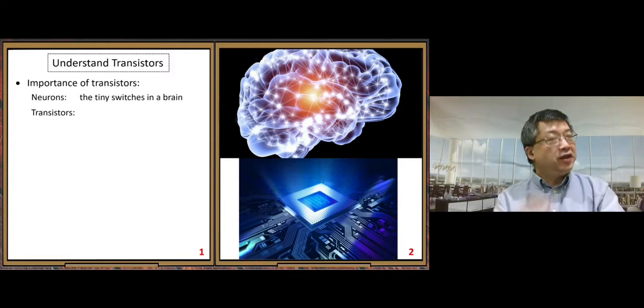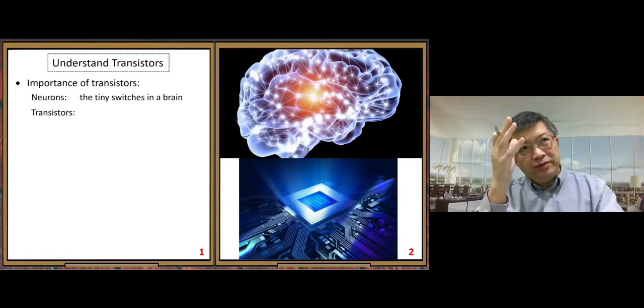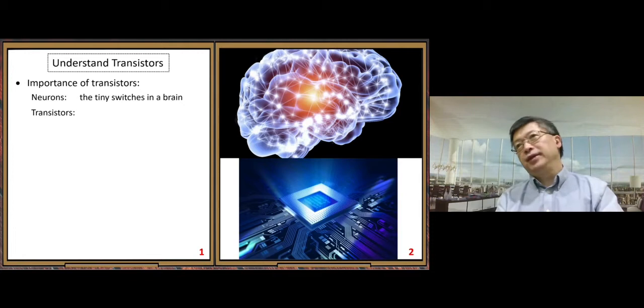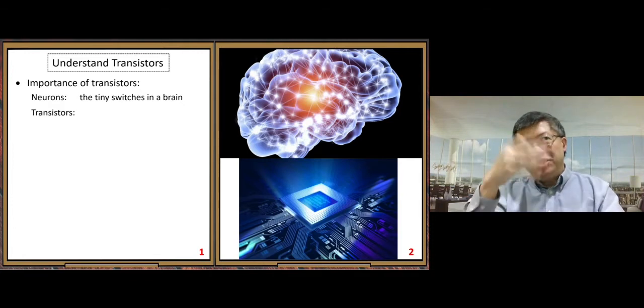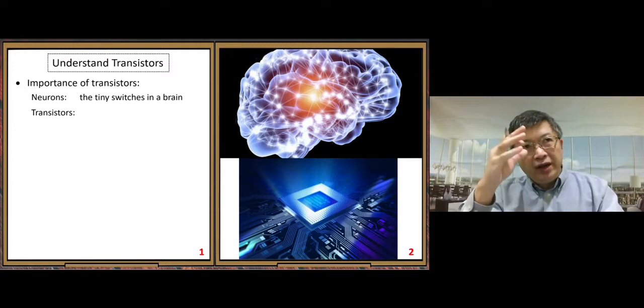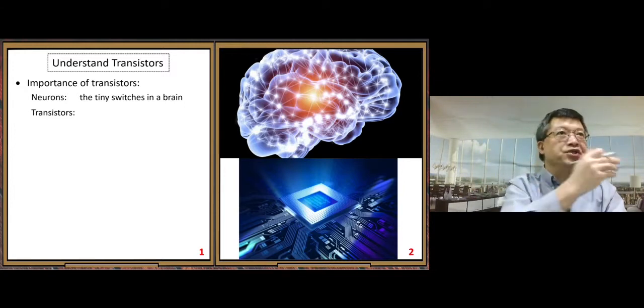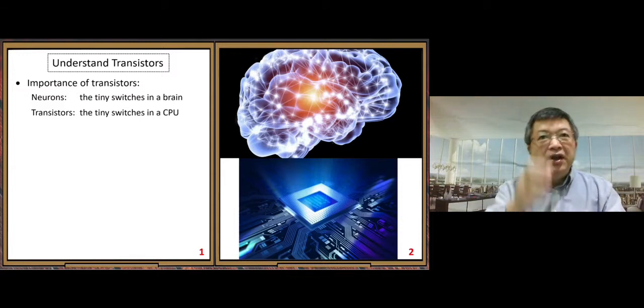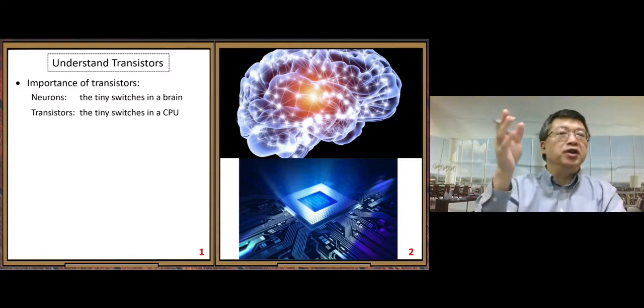CPU just acts like a brain. So there is an analogy between CPU, brain, neuron, and transistors. Transistors are basically the tiny switches in a CPU.